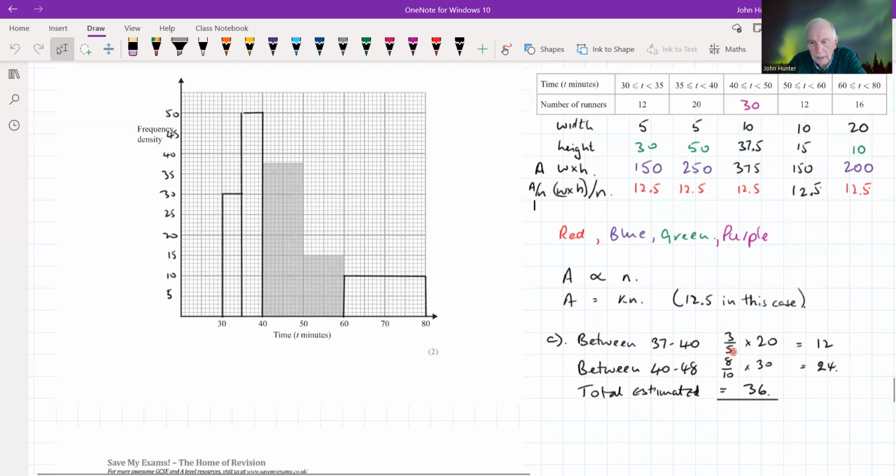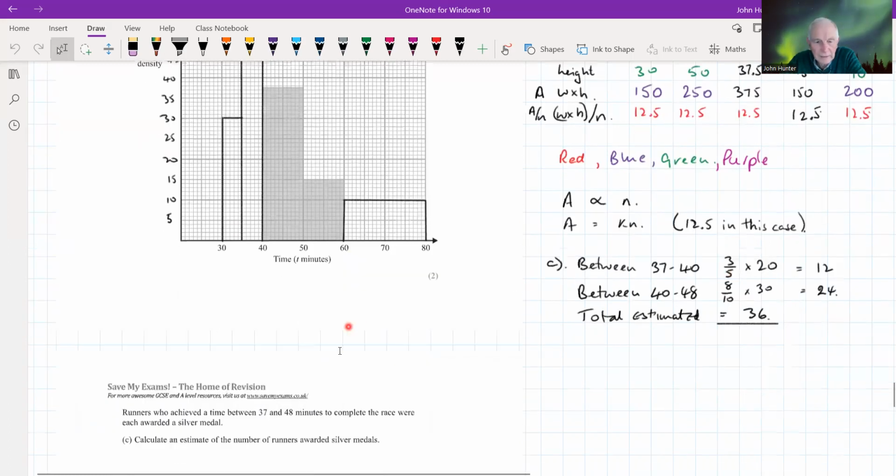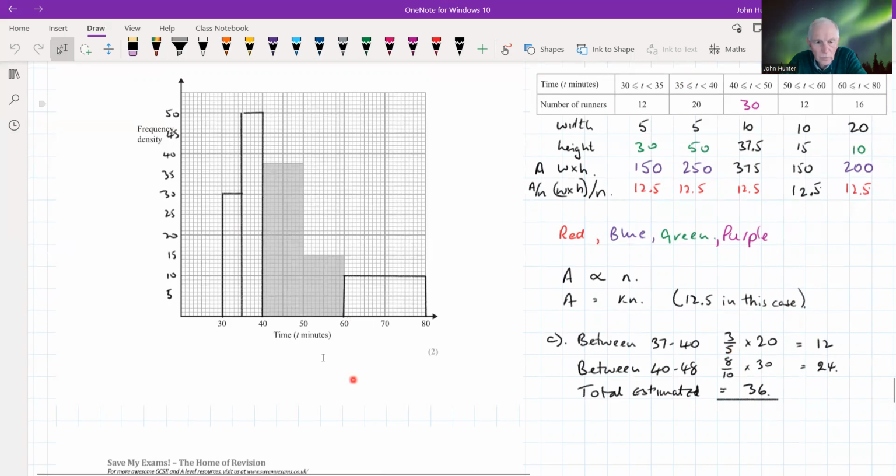what we're looking at is, we've got 20 in here, and we're looking at 37 to 40. So we're basically looking at 3/5 of 20, because 40 minus 37 is 3, and the class width is 5.